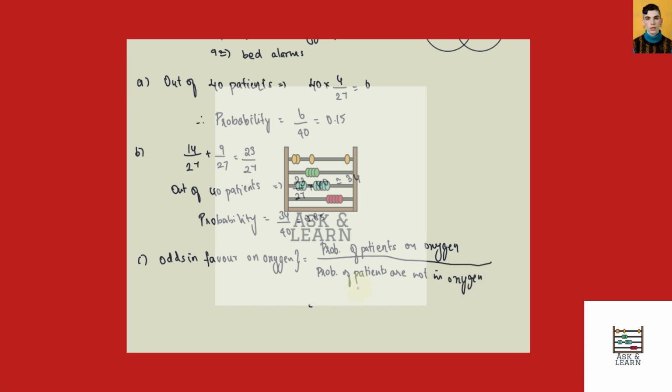So it would be 40 times 18 by 27 divided by 40 times 9 by 27. Simplifying this, we get this value as 2.